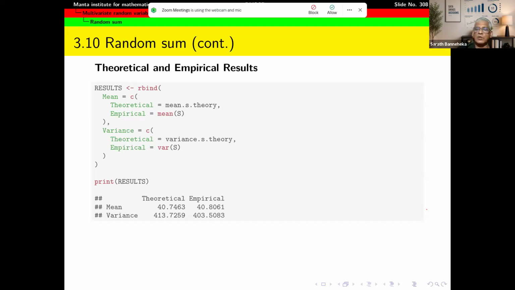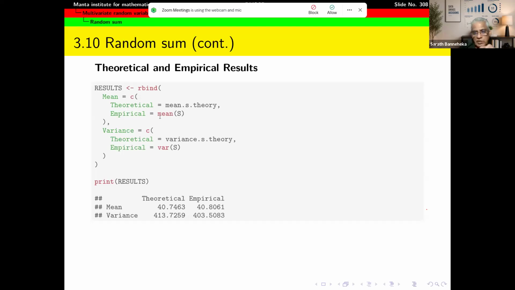Two means will be in a row, theoretical mean and the simulated mean, and theoretical variance and simulated variance. So first of all, first component of this result is going to be called mean. It contains theoretical value, yes, the mean of S theory that we have already calculated, and empirical value will be the mean of S.